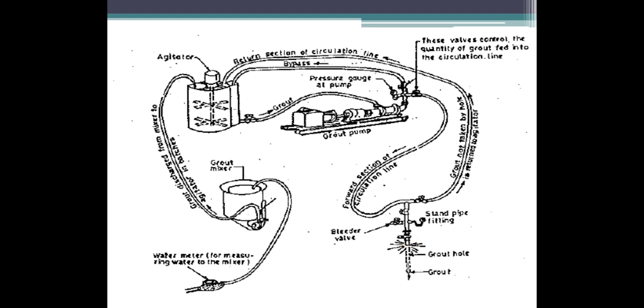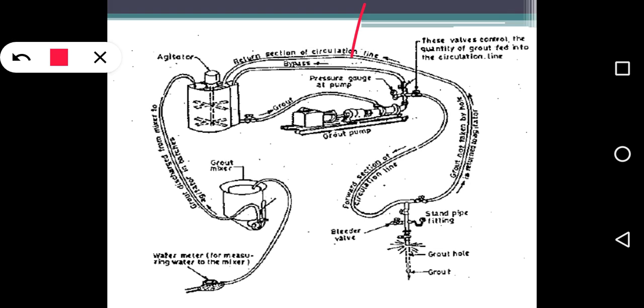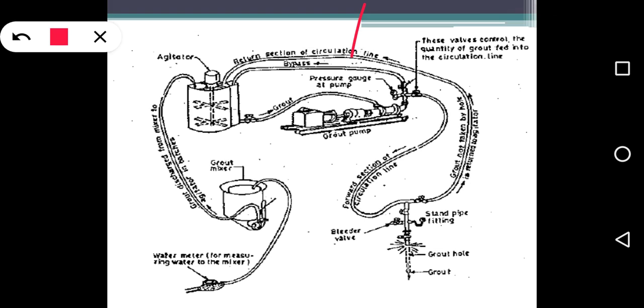So for the grout plant, this is the figure which I have taken from the ground improvement textbook, Ground Improvement Techniques by Purushothama Raj. You can see there is a water meter. So at the bottom we have a water meter, which transfers the water to the grout mixer.